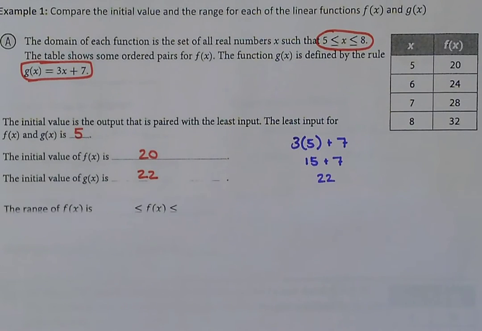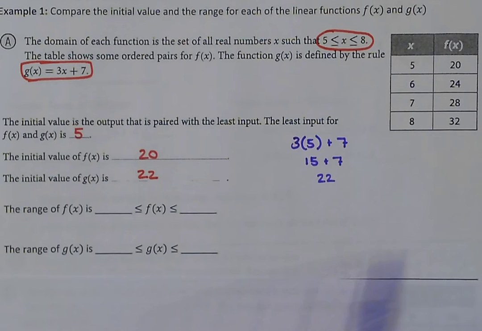The next part is they want us to go through and identify the range of f of x and then the range of g of x. To identify the range of f of x, we're going to look at our table. My smallest number here is 20, and my largest number is 32.